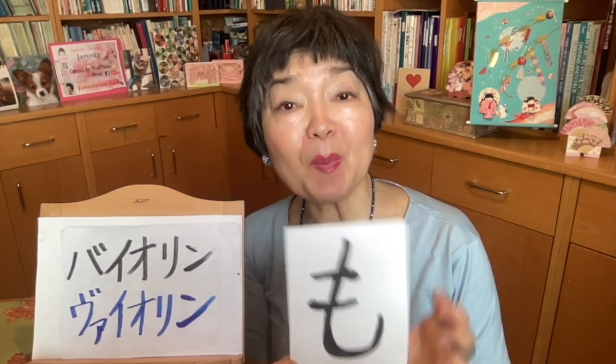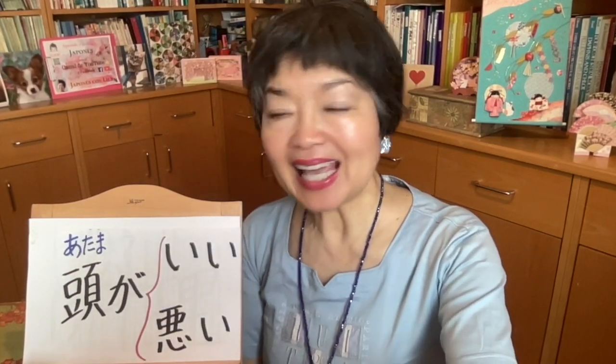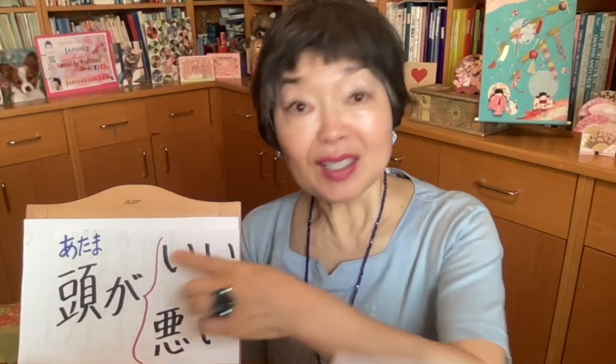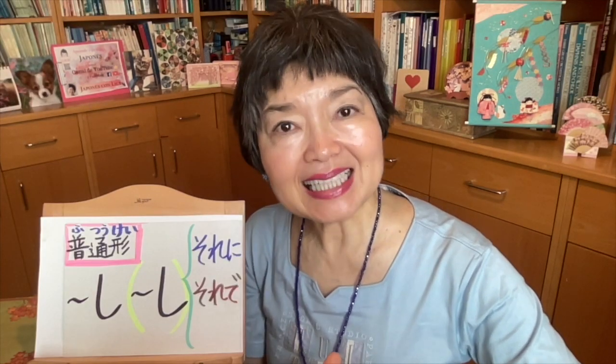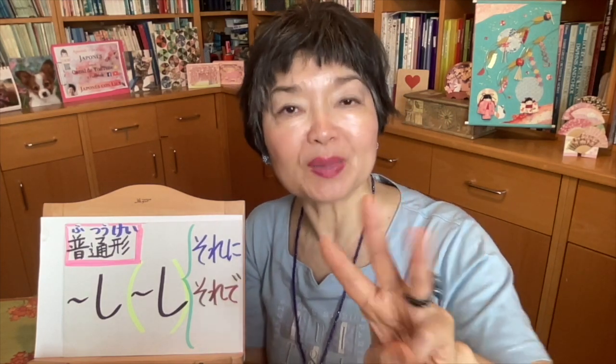鈴木さんはバイオリンも弾けるし、頭もいいし、料理も上手です。 So when I say this sentence with shi, it means I told you these 3 things that Suzuki-san can do very well.